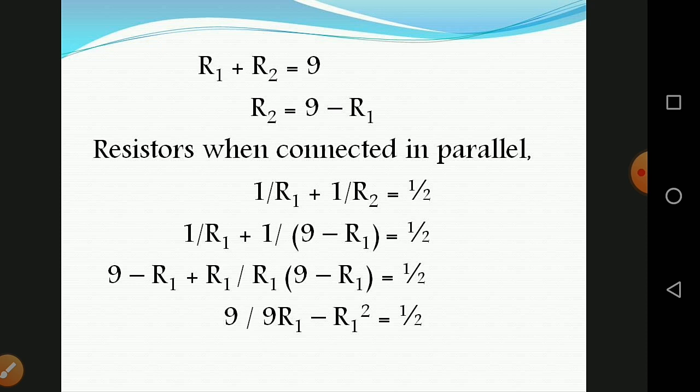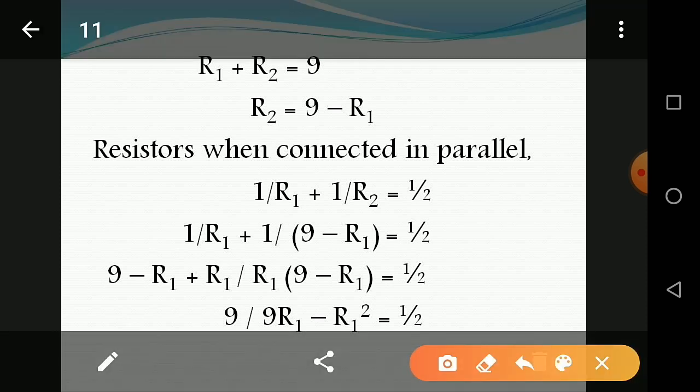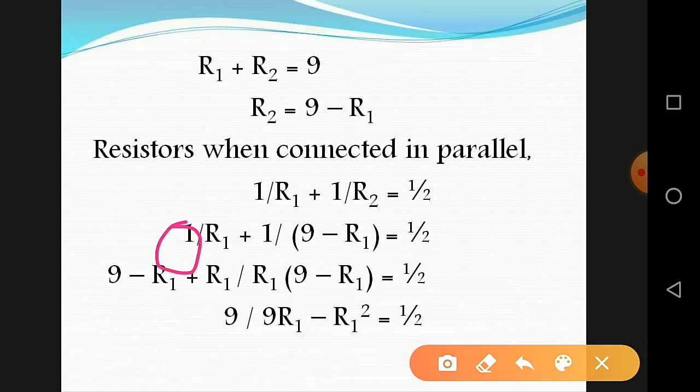So if we add 1 by R1 plus 1 by 9 minus R1, it gives the result. Then we do the cross multiplication: 1 multiplied by 9 minus R1, plus R1, divided by R1 into 9 minus R1 is equal to 1 by 2.